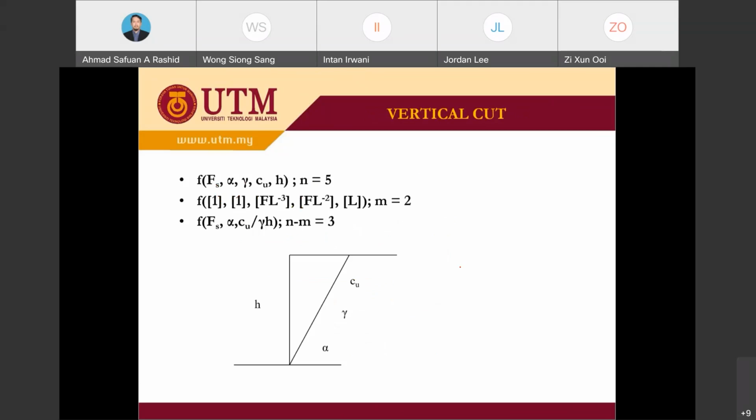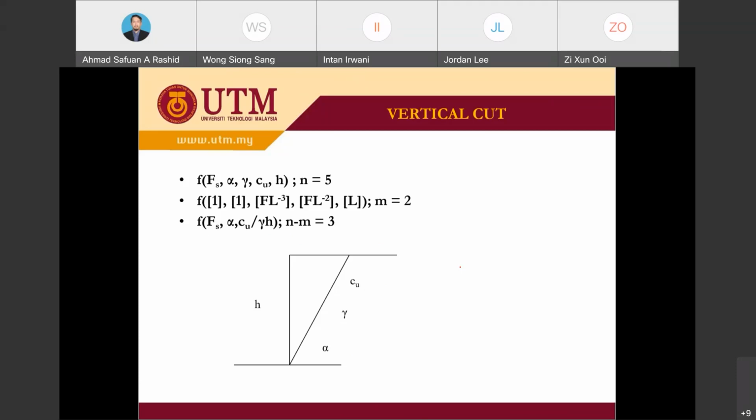The last one is the vertical cut. For the vertical cut, the output is the factor of safety, while the rest is what we call the input. So we have alpha, H, gamma, Cu. So the total number of parameters is 5. From there we derive the primary dimension and then we obtain 2.